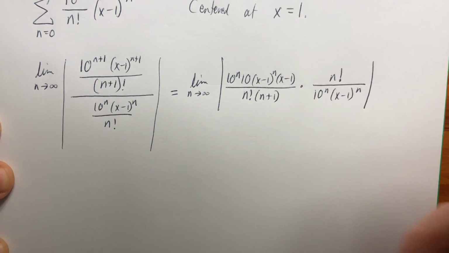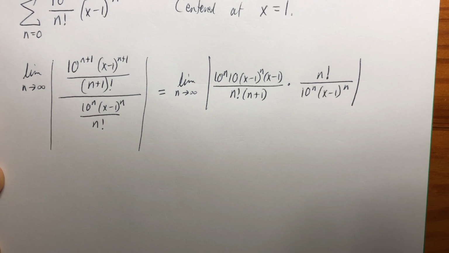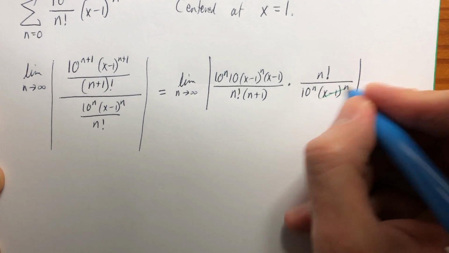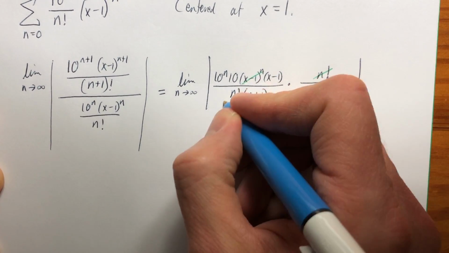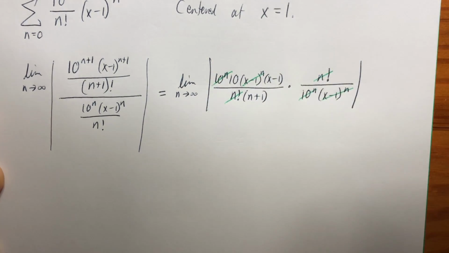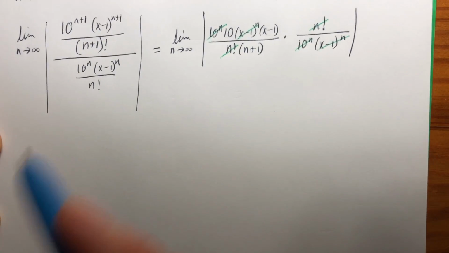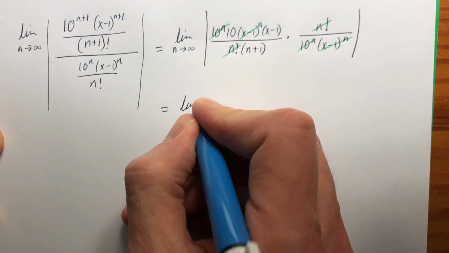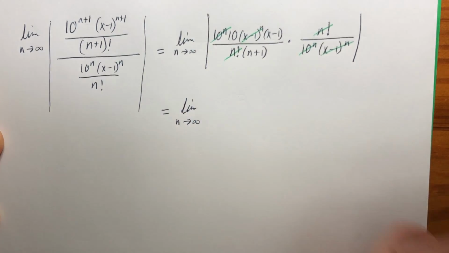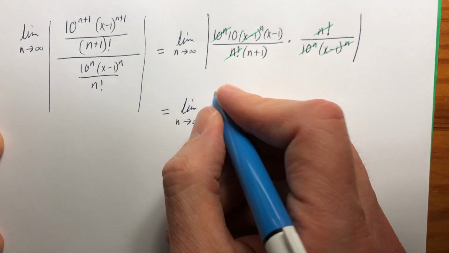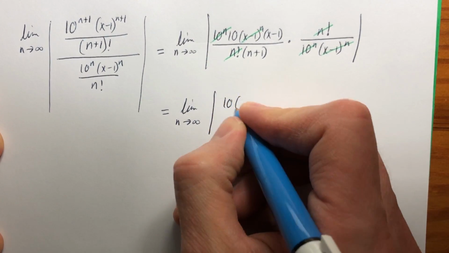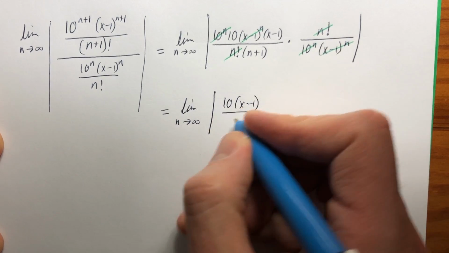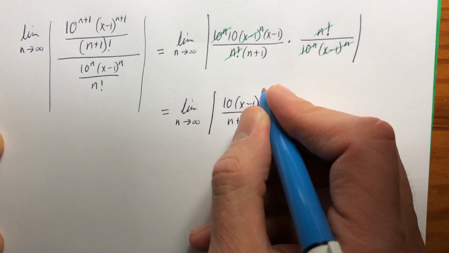There are patterns to this that emerge, and you can start canceling things out early if you know what to look for. So that and that cancel, that and that cancel, that and that cancel, and we have this. And we are going to have 10 times x minus 1 over n plus 1.